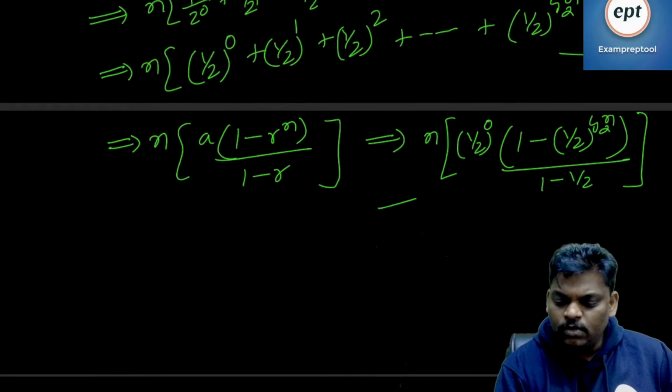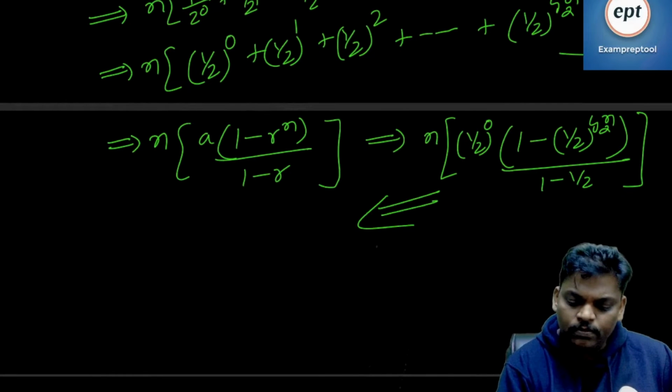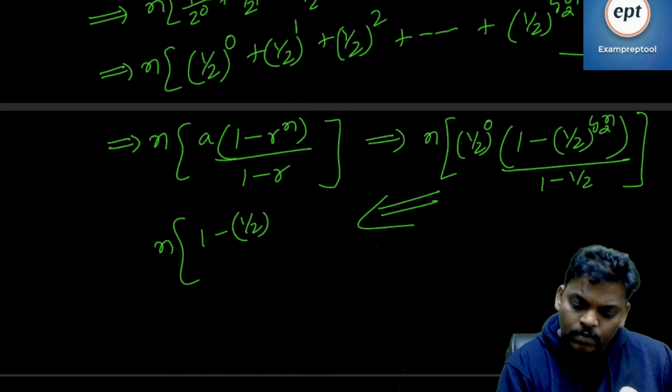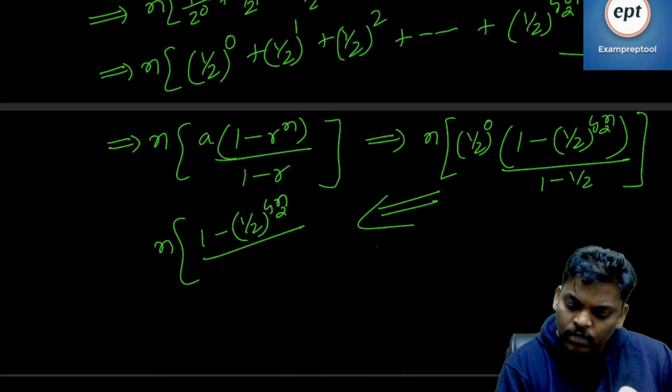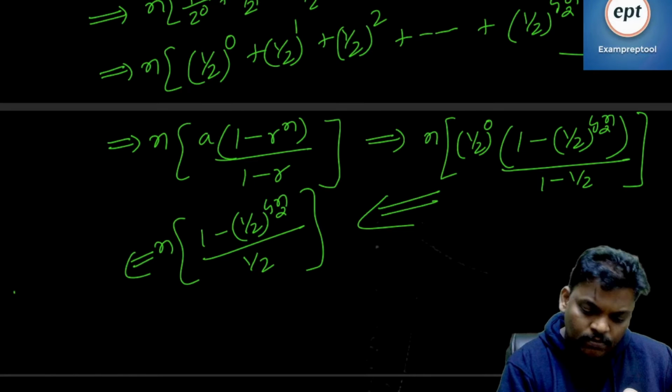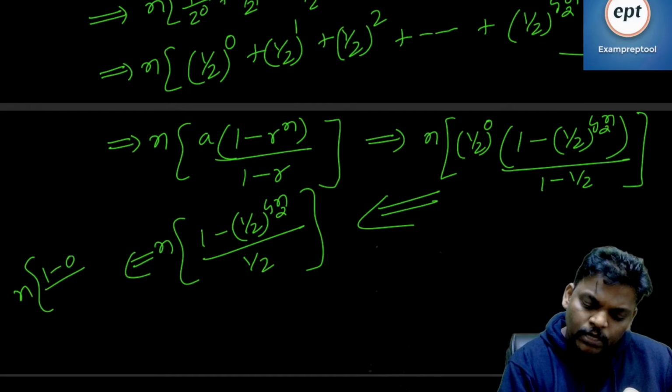Right? So now let me do this one. n into, so I think that will become 1 minus 1 by 2 whole power log n base 2, by 1 minus 1 by 2, which means 1 by 2. So this can be written as n into 1 minus 0 by 1 by 2.